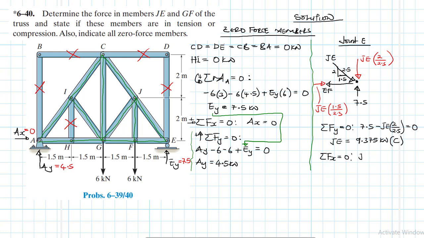We have JE by 1.5 divided by 2.5, and then minus EF equal to 0. All right, we've already calculated what JE is, so we just need to replace it and then calculate what EF is. So what is our EF? We need EF to find GF.